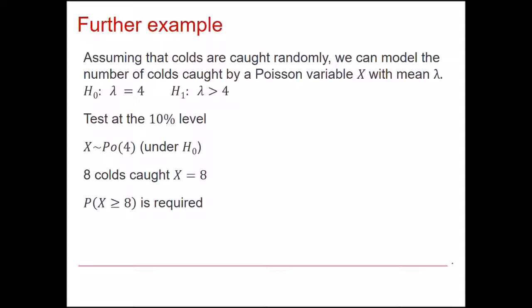As before, we set up our null and alternative hypotheses, and we're asked to test this at the 10% level. So we use the distribution Poisson with a lambda value of 4, which comes from the null hypothesis, and we've observed that we've caught 8 colds in this winter. So we're looking for the probability that x is greater than or equal to 8, and the reason we're doing greater than or equal to is because our alternative hypothesis is greater than.